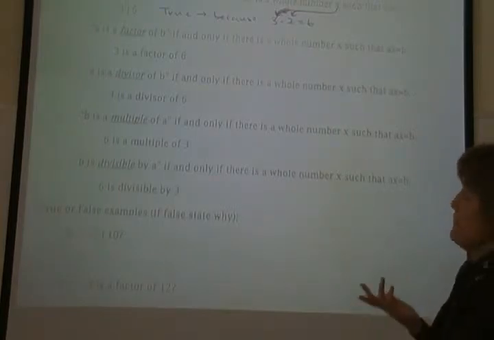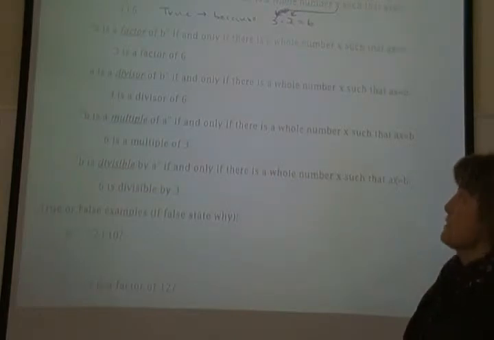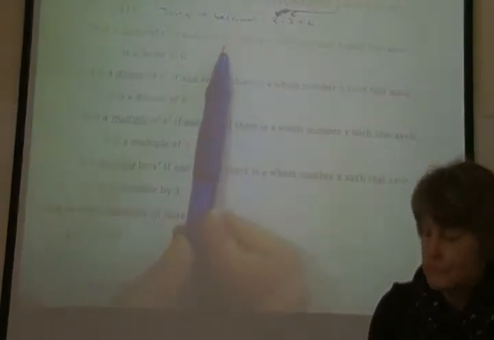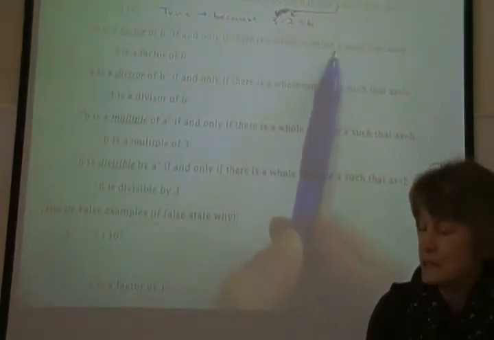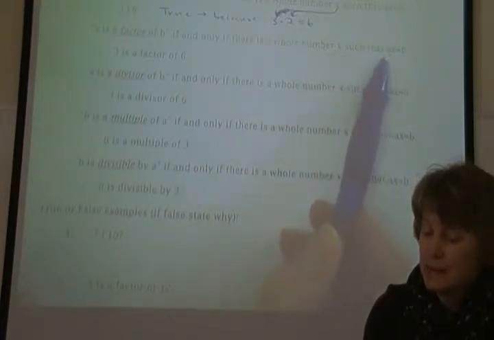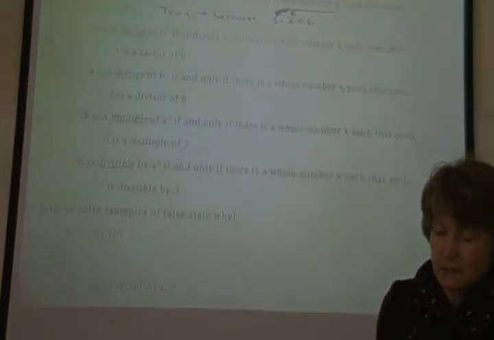Another word that we've already talked about on the flip side is factor. A is a factor of B. What that means is A is a factor of B if and only if there is a whole number x. So again, I can think about a number such that A times x equals B. So 3 is a factor of 6.